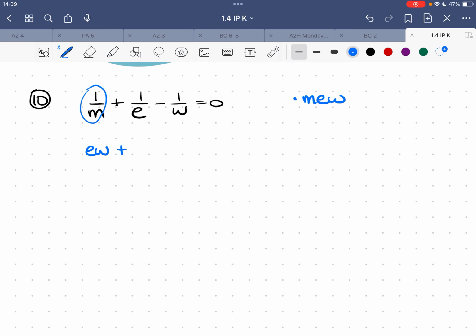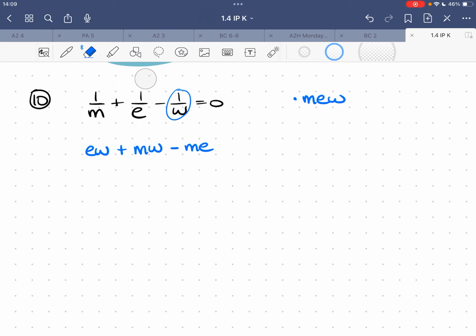When I multiply this by MEW, the e's cancel out, and I'm left with MW. And when I multiply this by MEW, I'm left with ME. And then when I multiply the right-hand side by whatever, since I started with 0, I'm left with 0.